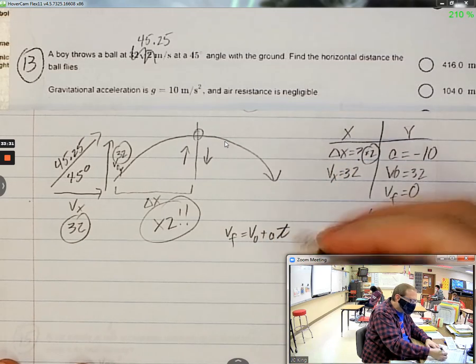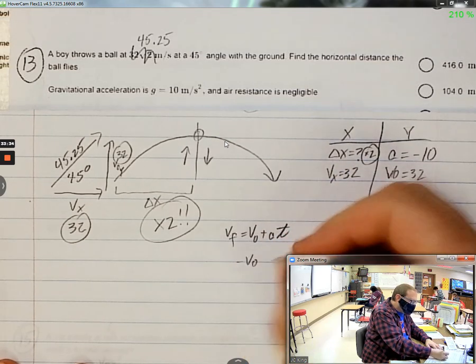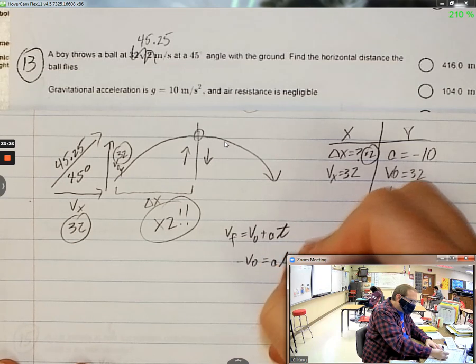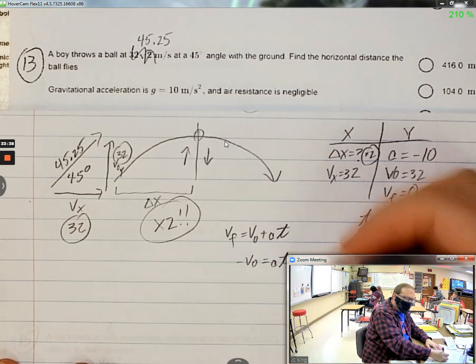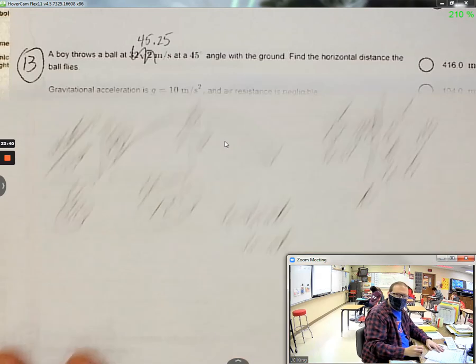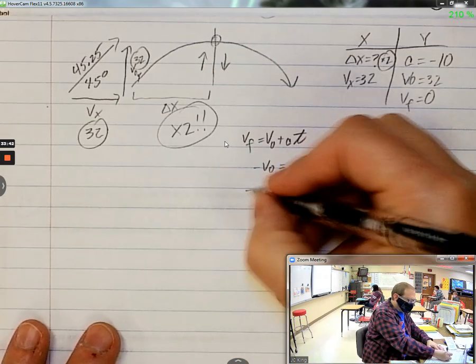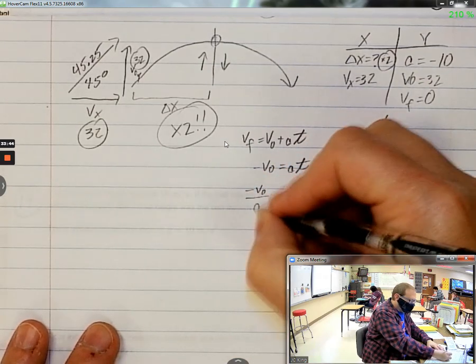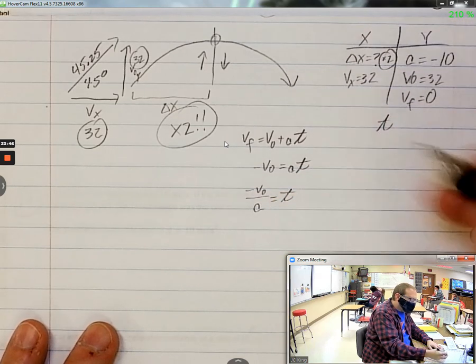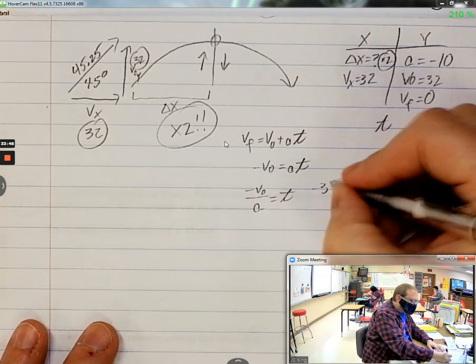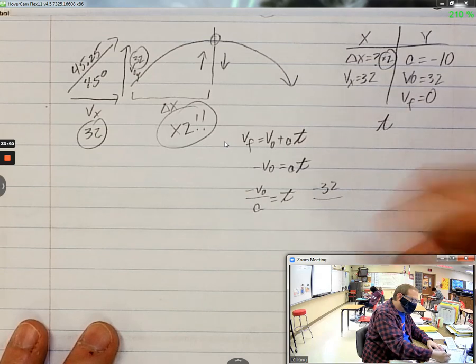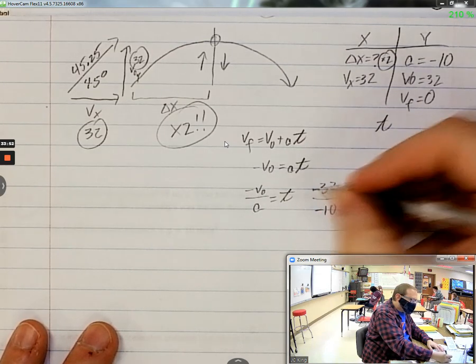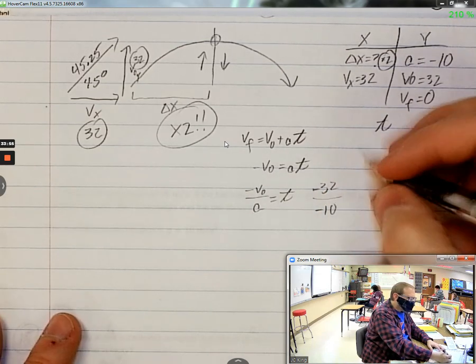Since vf is 0, so negative v0 equals at. So negative v0 over a, like you say, equals t. And so we're going to go negative 32 over negative 10. So 32 divided by 10 is going to be 3.2 seconds.